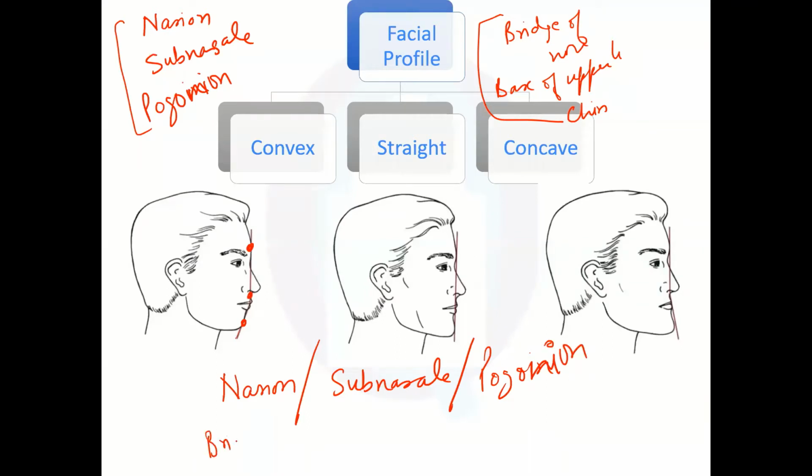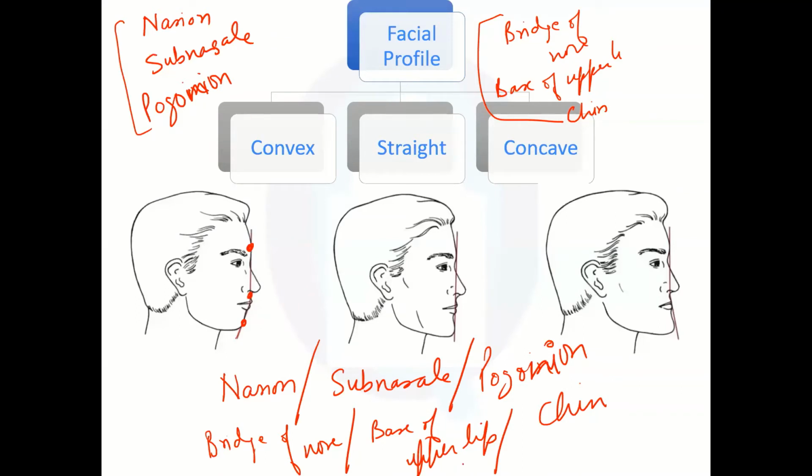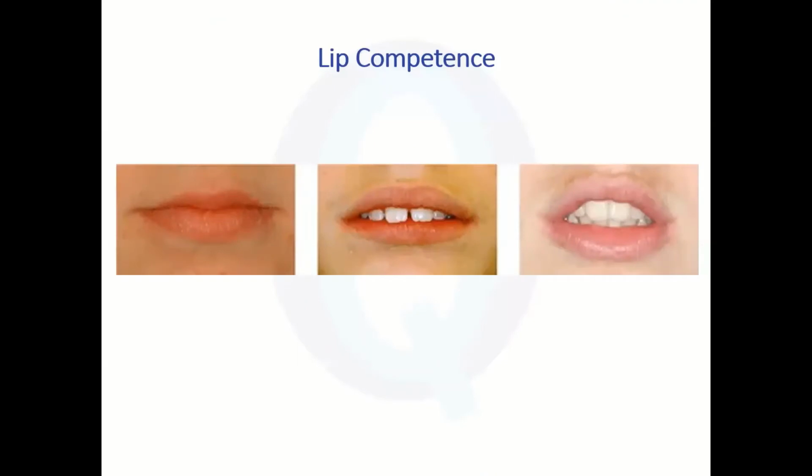Other scientists have called it bridge of nose, base of upper lip, and chin. I have a bad handwriting. It is very hard to write with a digital pen. So that's the reason.